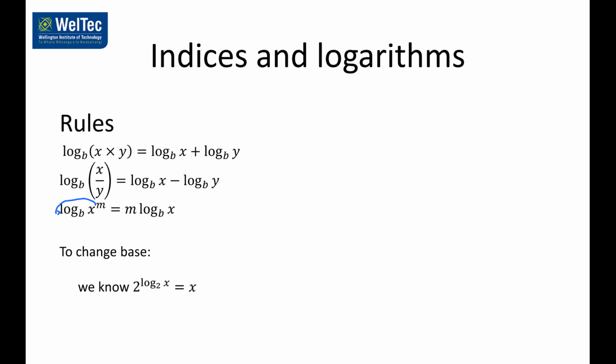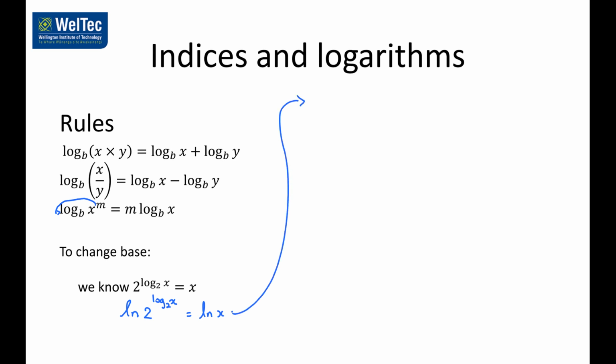Let's figure out how to change base. Now we know that 2 to the power of log to the base 2 of x is x. If we take the natural log of each side of this, then we've got natural log of 2 to the power of log to the base 2 of x equals natural log of x. Let's put it up here.